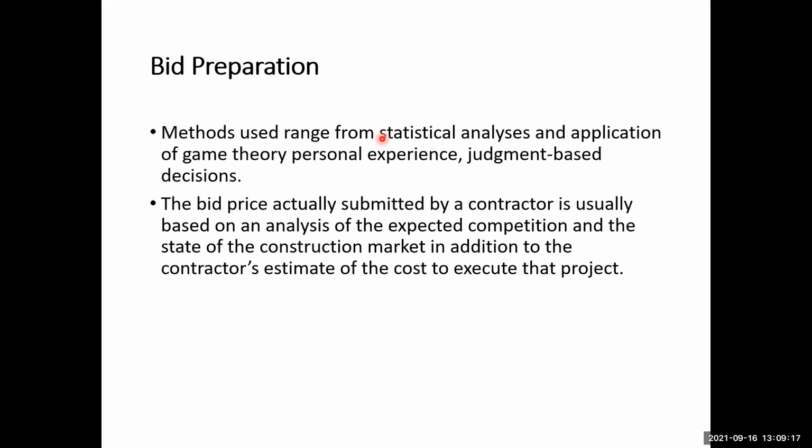That means whatever price you bid. For example, for a road construction project, you may be bidding for about a 50-kilometer long road, for like $50 million. I'm just saying any number. So your bidding price is $50 million.